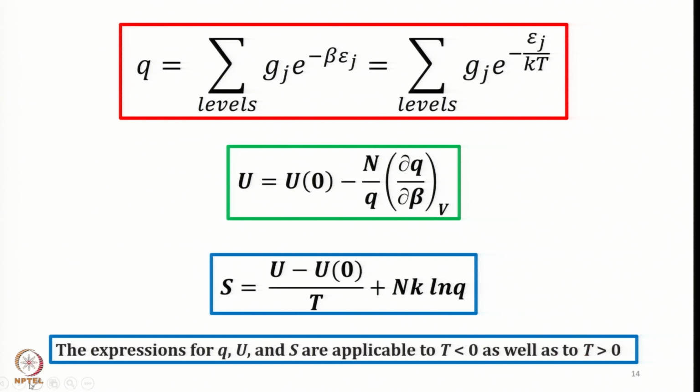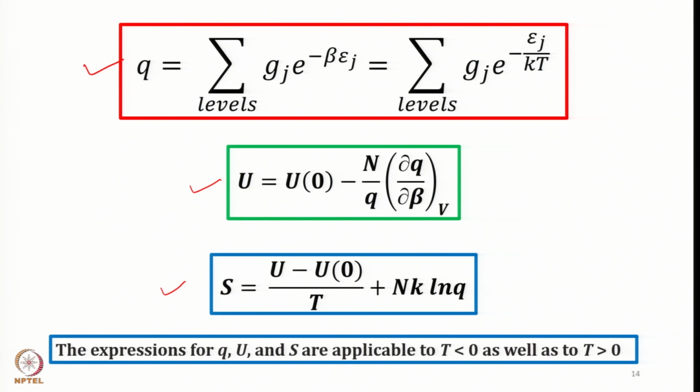So, we had an expression for Q. From Q, we switched over to U, and from U, we switched over to S. S is equal to (U minus U0) by T plus Nk log K. And in the derivation of these equations, we never said that temperature should be positive or negative.